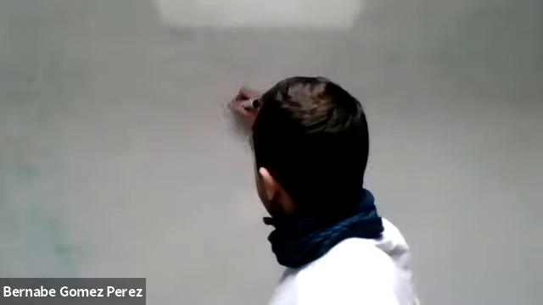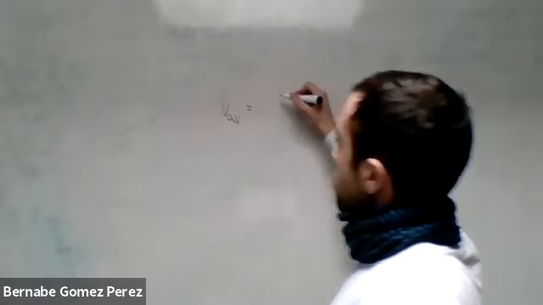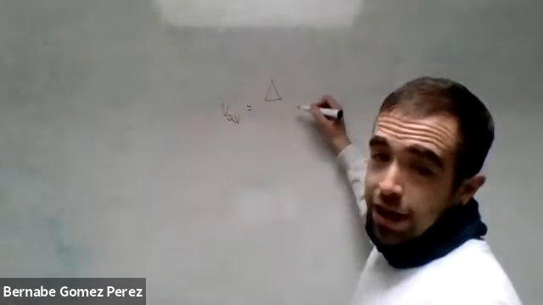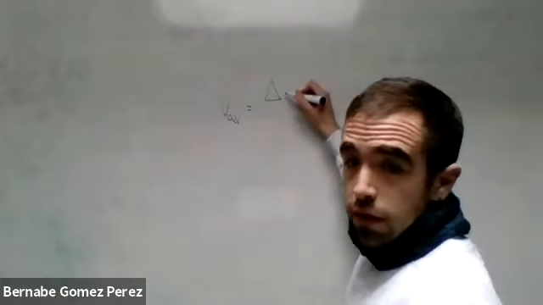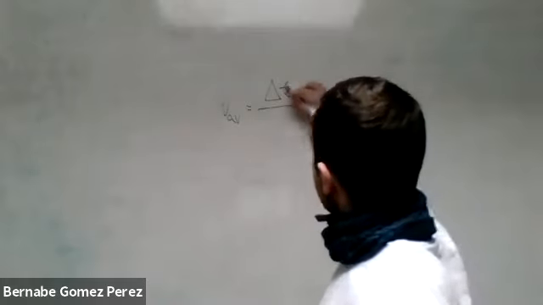And now I will go through the summary of chapter 2, which is motion along a straight line, where the most important concepts are average and instantaneous velocity. If we work with average, we are going to work with capital delta. So we work with increments.